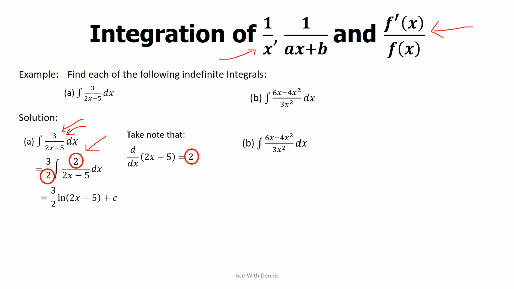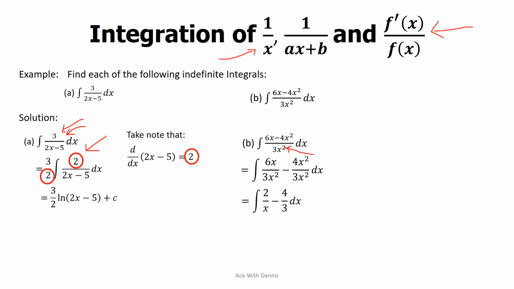For B, integration of 6x minus 4x squared over 3x squared dx. I hope that you can see that the denominator has only one term. So we can split this fraction into two different fractions, which equals the integration of 6x over 3x squared minus 4x squared over 3x squared dx.